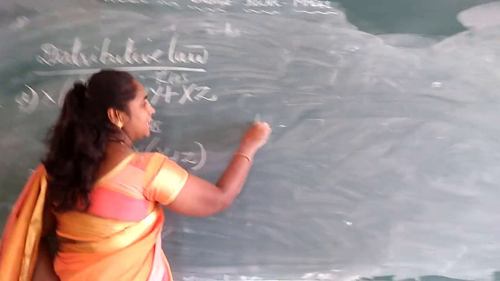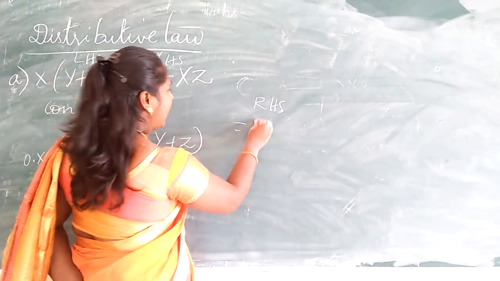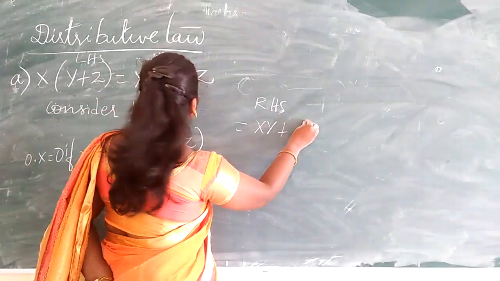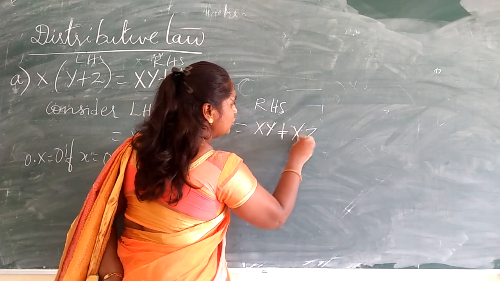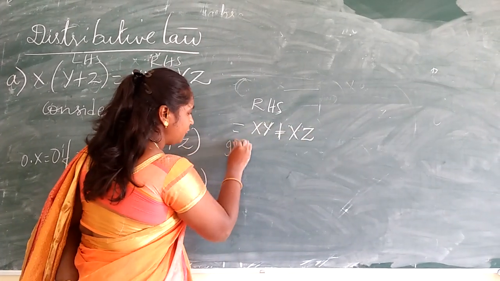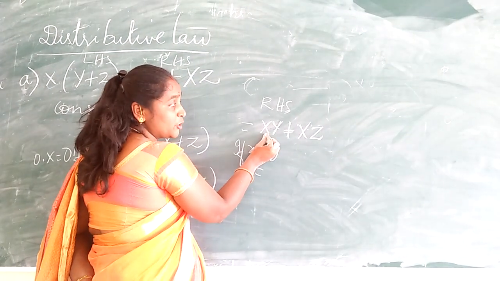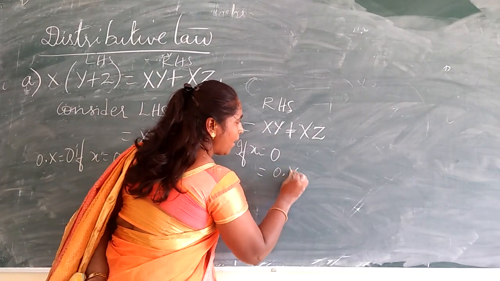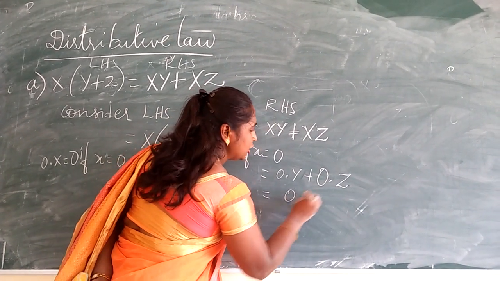Now you go for your RHS. Consider your RHS, that is nothing but x into y plus x into z. So if x is equal to 0, in place of x you are going to substitute 0. 0 into y plus 0 into z. That is nothing but 0 plus 0.